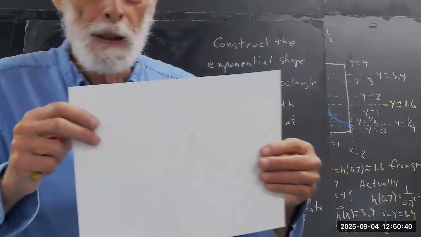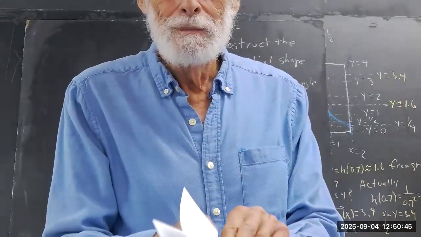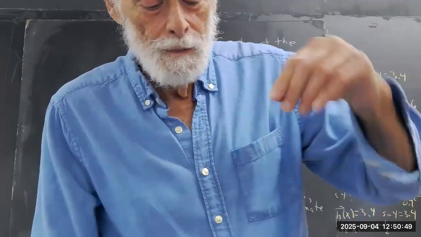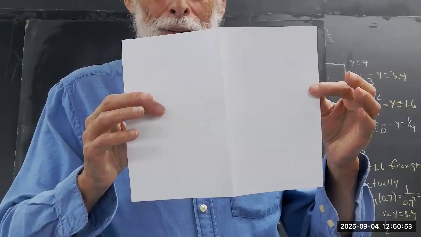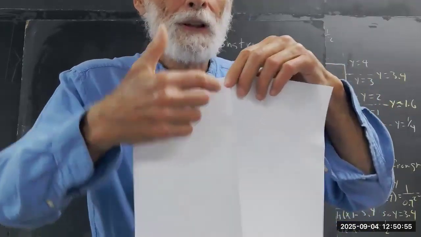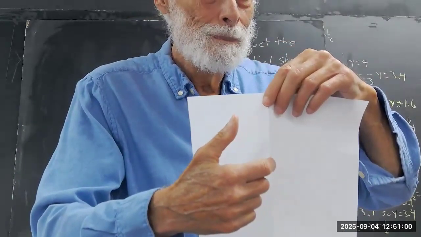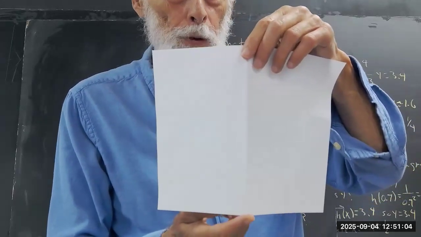Okay, if you take this piece of paper, I can fold this. And that crease right there is halfway between the left and right edge, right? And right down here is the red dot if you're doing a type 1 or type 2 graph.